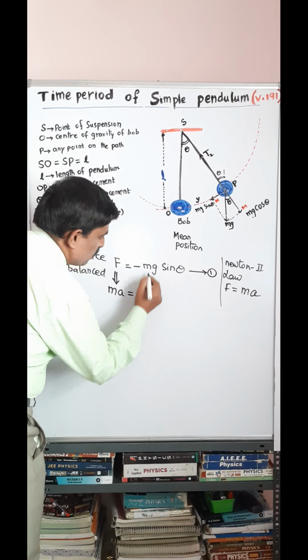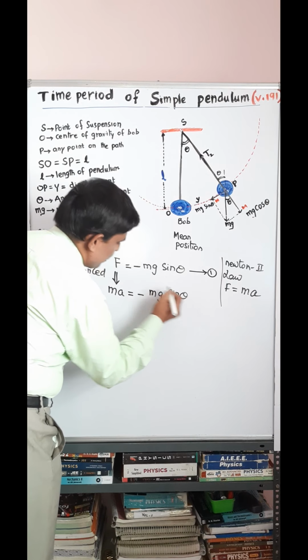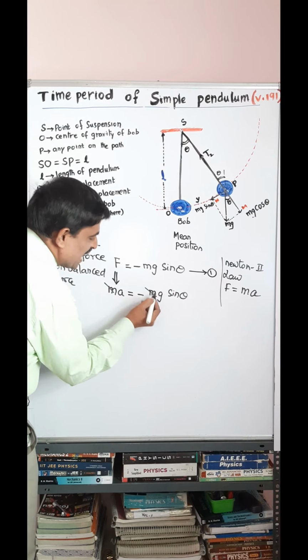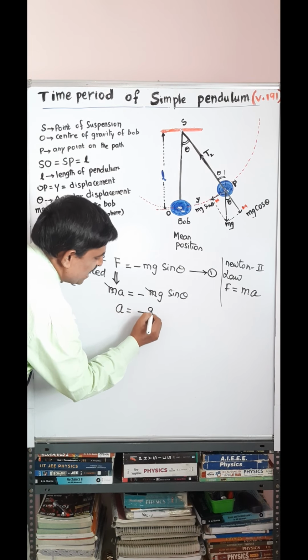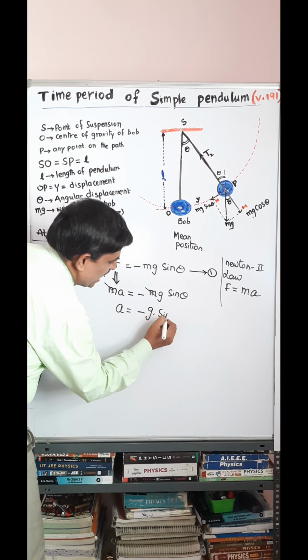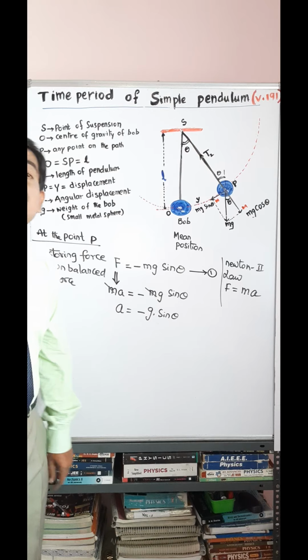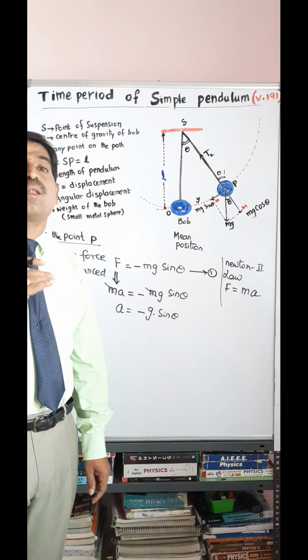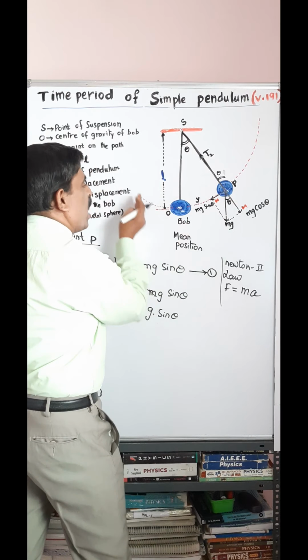That is equal to minus mg sin theta. M gets cancelled. a is equal to minus g into sin theta.